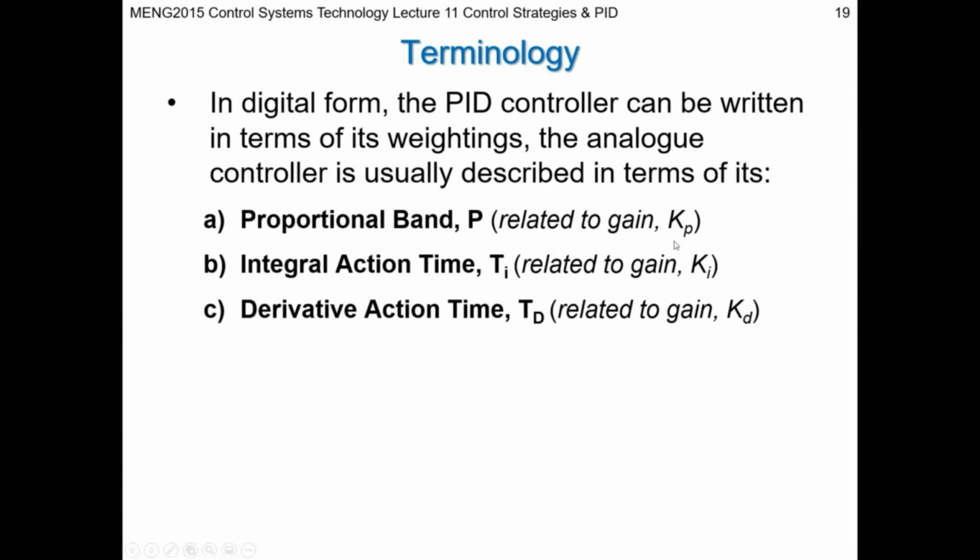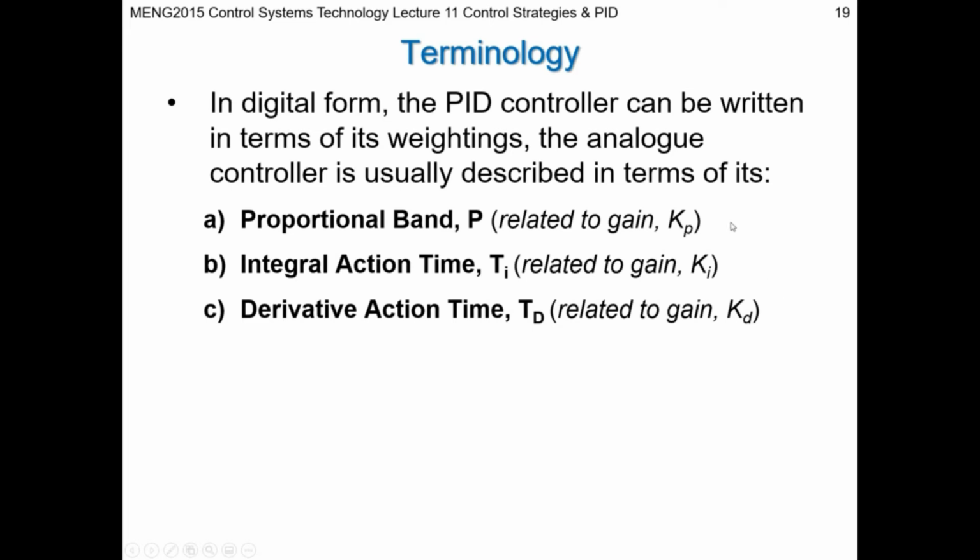So you could either have your weightings, which are Kp, Ki, and Kd, or you could express the PID control parameters, like how much proportional, how much integral, and how much derivative action we have, in terms of these action times, Ti, Td, and our proportional band, P. So these are also very common in industry.